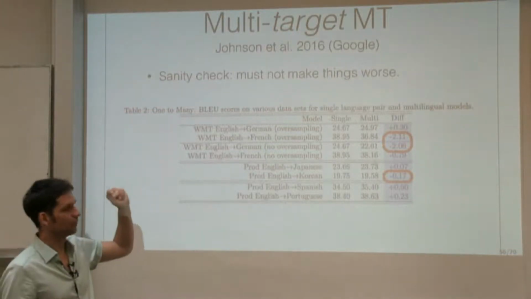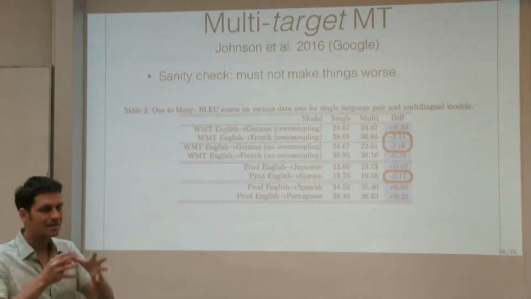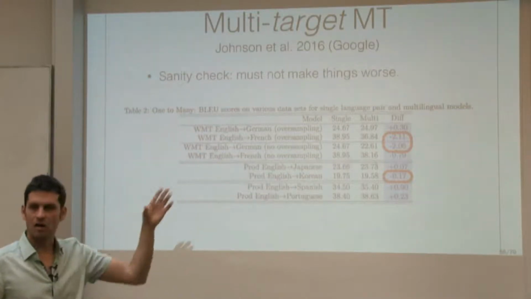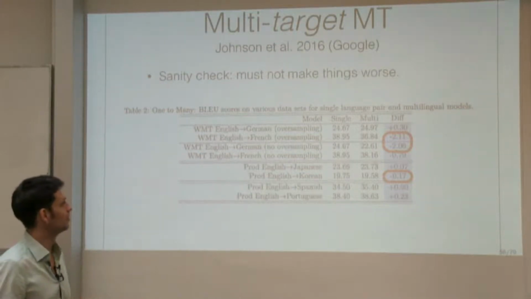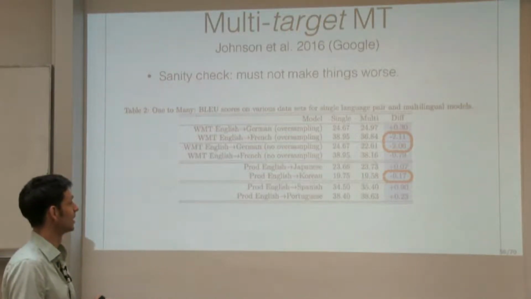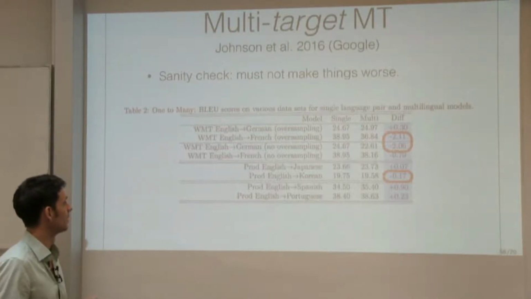So, for example, mixing English-German training data into the English-French translation will give you a big loss, because it will probably learn the German word order and it will try to produce it in French as well, and that's a bad idea.